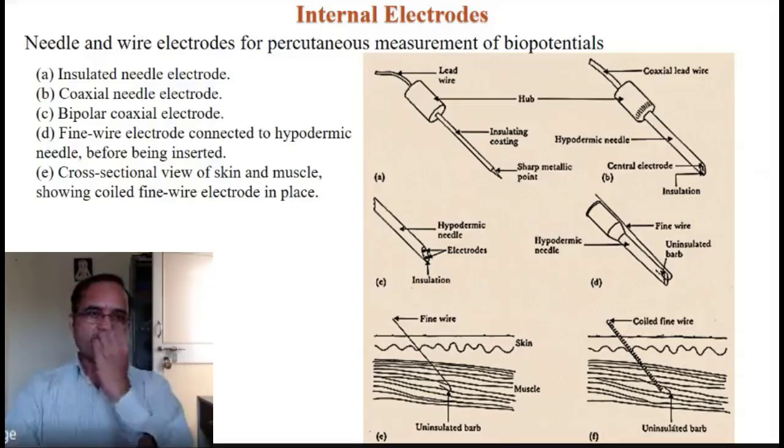But sometimes you need to take biopotential measurements from inside the body, maybe from some muscles or some nerve cells related to the nervous system. In that case, internal electrodes are used. Mostly those are needle or wire electrodes.